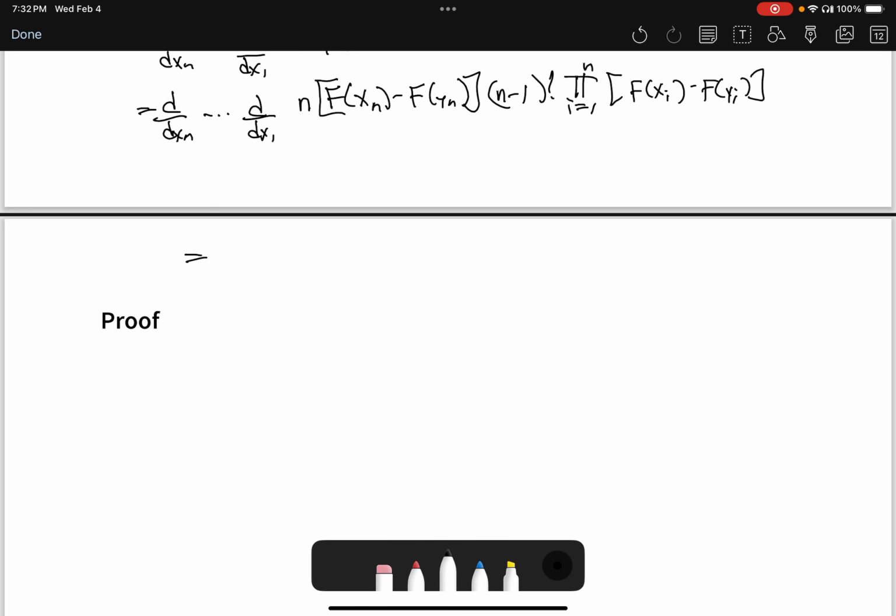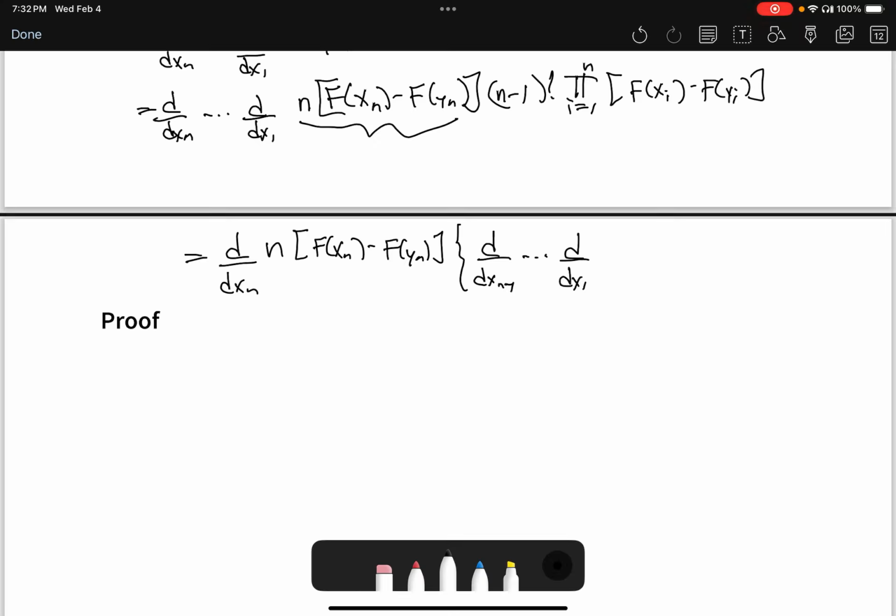I'm going to factor this thing right here out of most of the derivatives. I'm going to get d dxn n times F of xn minus F of yn multiplied by all the other derivatives of the remaining stuff. N minus 1 factorial. Oops, and this should be to n minus 1, right? So we factored out the other one. So i equals 1 to n minus 1. The difference between F of xi minus F of yi.